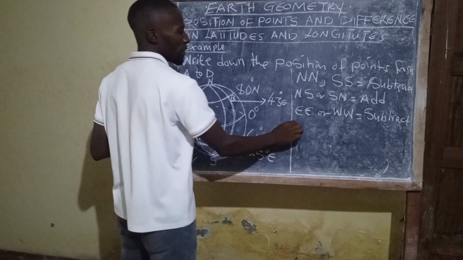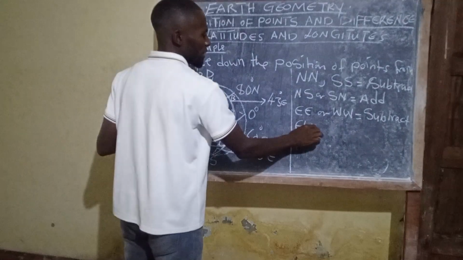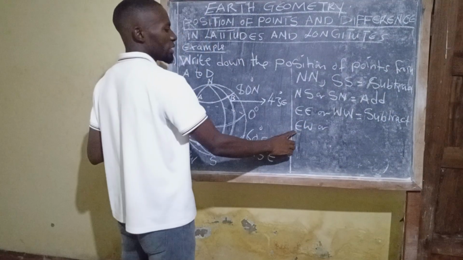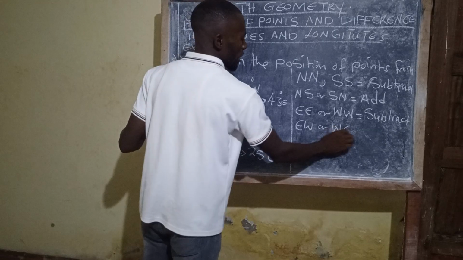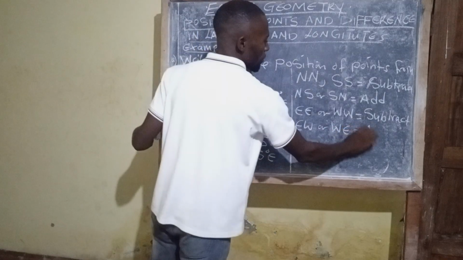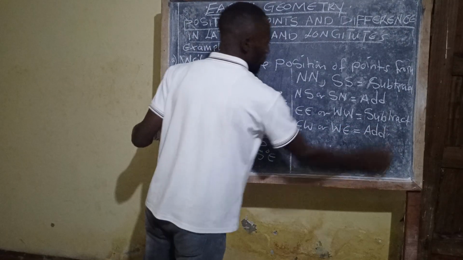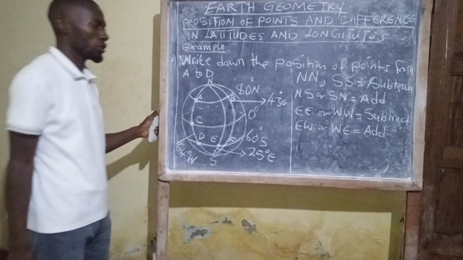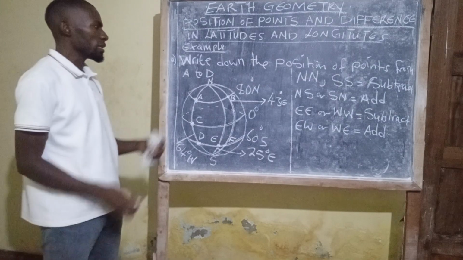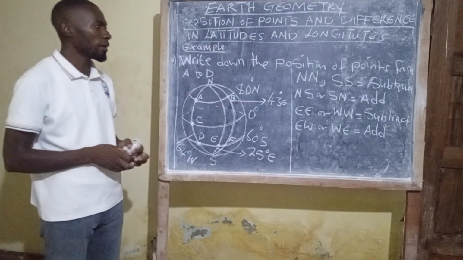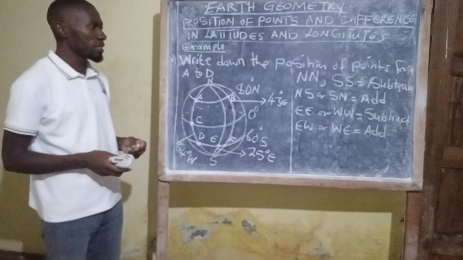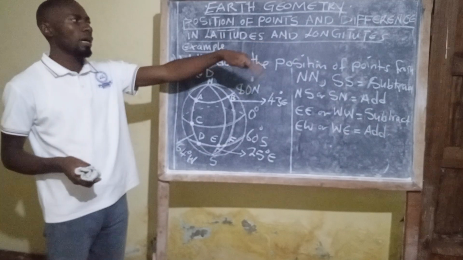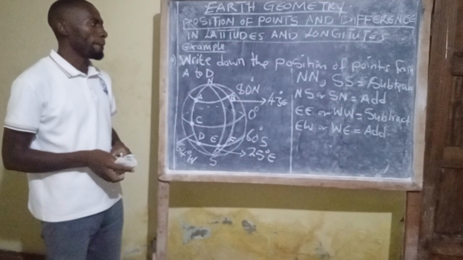In the same way, if they are in different positions, one is in east and the other is in west, or one is in west and the other is in east, what do you do? You add the longitudes.